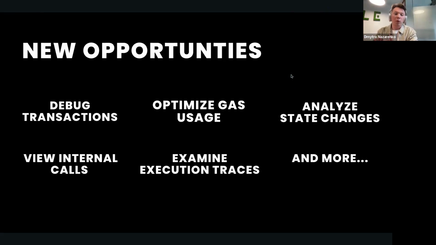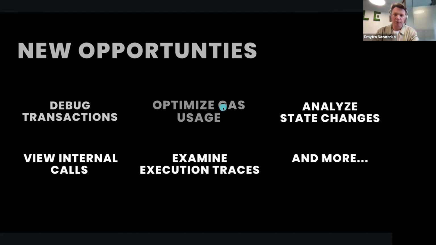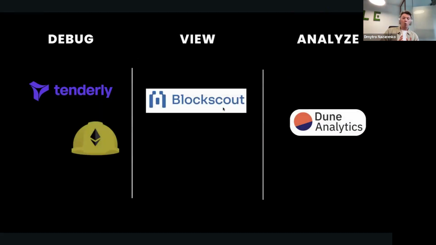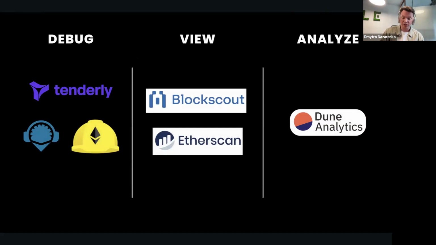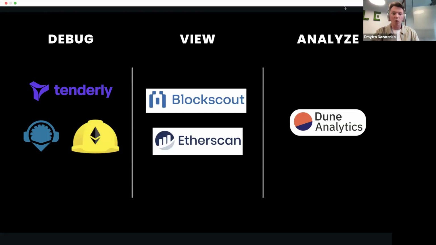So what are the next steps and new opportunities in the case of integrations? We can now use Tenderly for debugging; we can attach Tenderly to our archive node and see debug info about transactions.